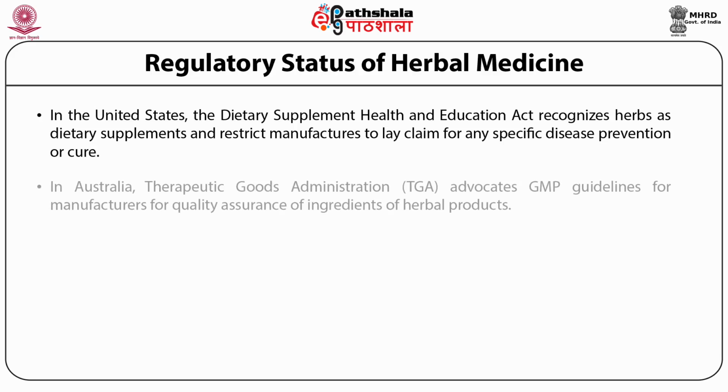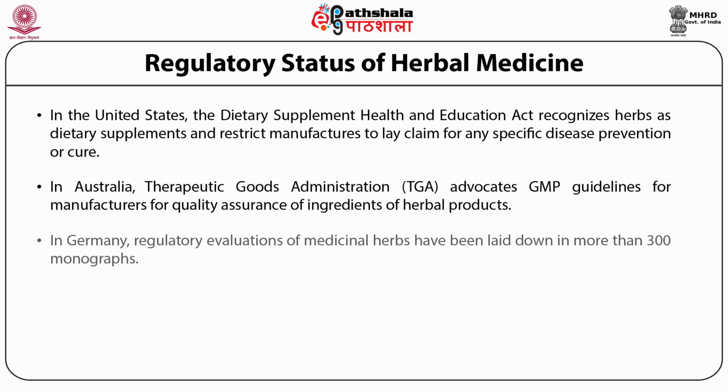While as we move to Australia, the Therapeutic Goods Administration, known as TGA, regulates herbal medicine in Australia. It provides guidelines for good manufacturing practices for manufacturers of herbal medicines and for quality assurance of ingredients of herbal products. If we talk about Germany, they are much more advanced with respect to the use of herbal medicines.